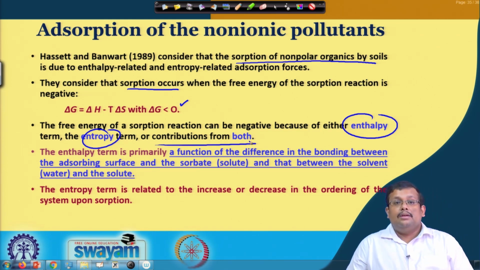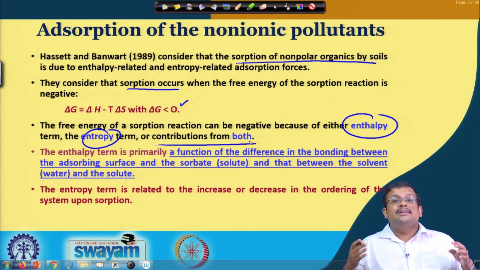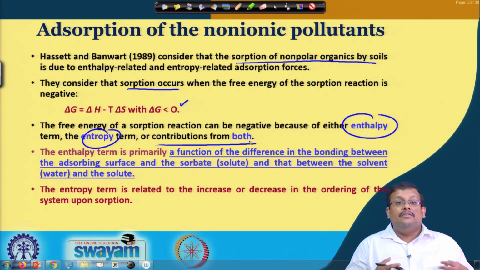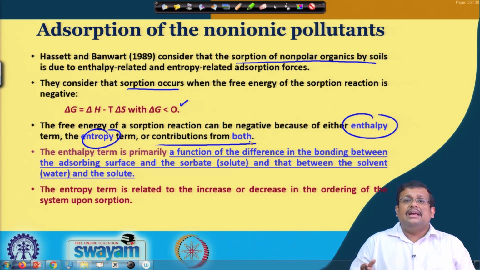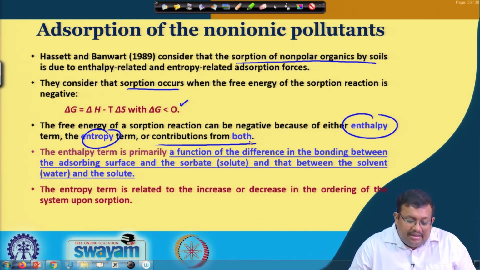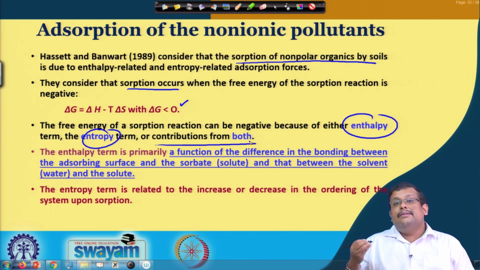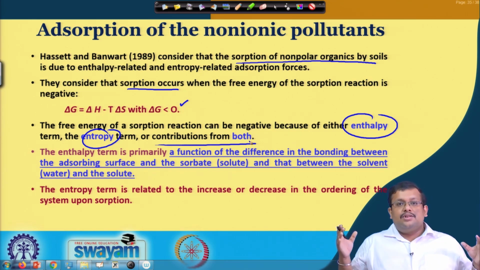Now, the enthalpy term is primarily a function of the difference in the bonding between the adsorbing surface and the sorbate, in other words the solute, and that between the solvent and the solute. The entropy term, on the other hand, is related to the increase or decrease in the ordering of the system upon sorption. So, these are the two terms which play the major role in controlling the adsorption of non-ionic pollutants.